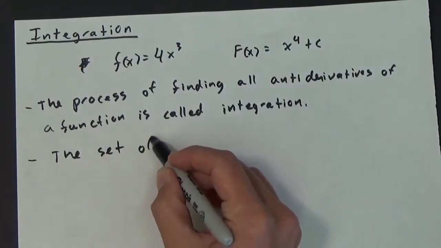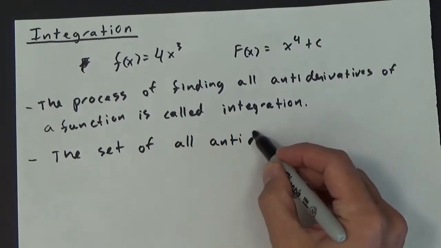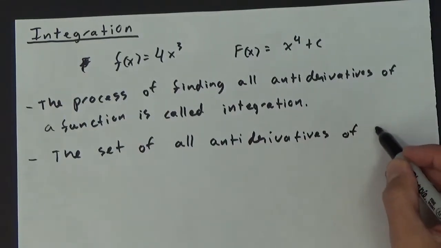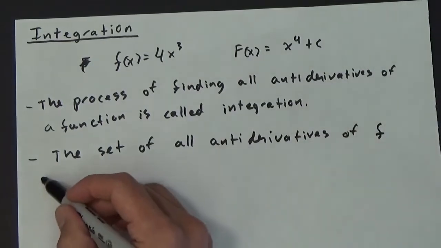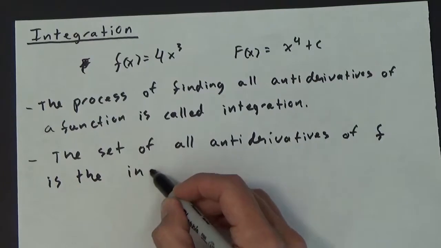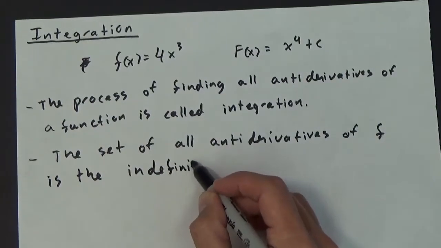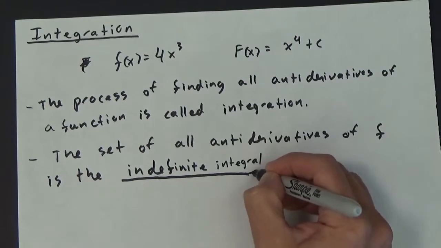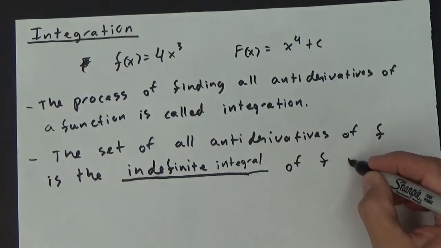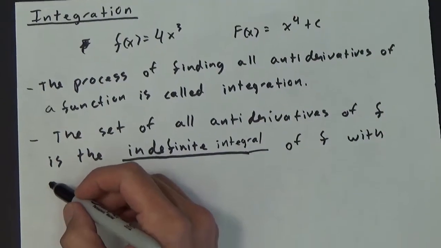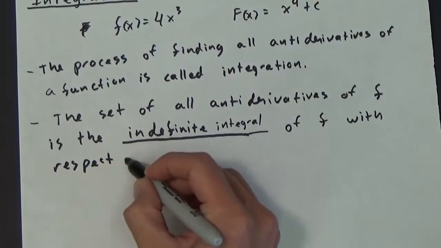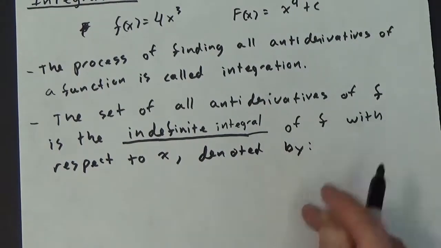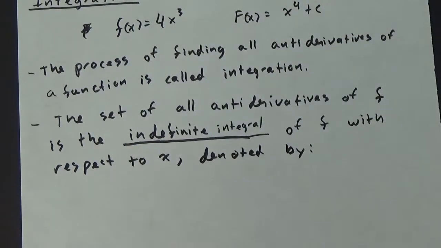The set of all antiderivatives of f, so some function f, with respect to x, is the indefinite integral of f, denoted by, okay, so we're going to have this thing called the indefinite integral.